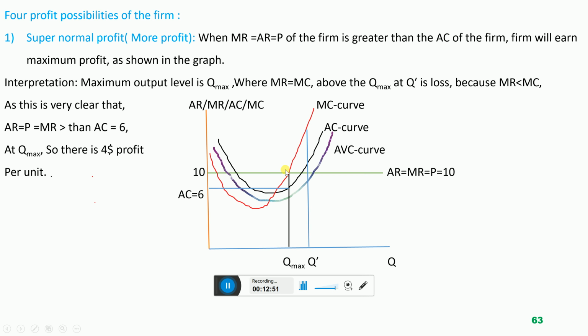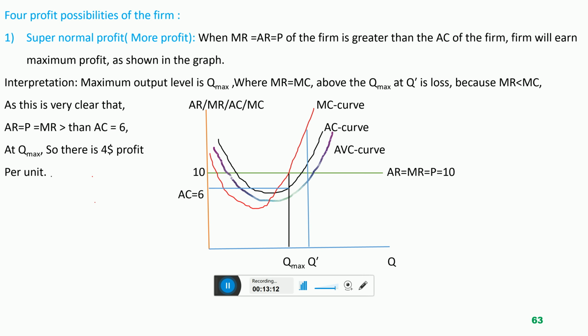So this intersects the marginal revenue curve at this point. At this point, marginal revenue is equal to marginal cost. This is the maximum output level. When the company produces till this point, profit will be maximum.